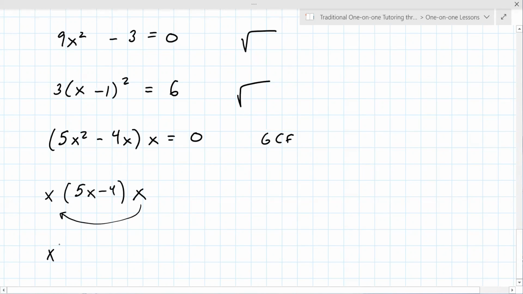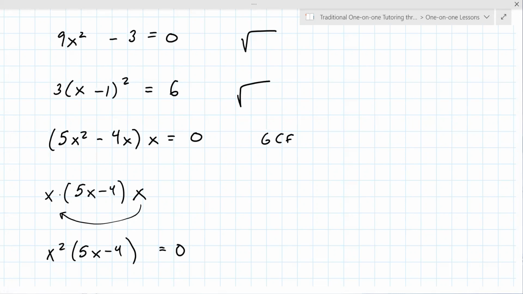So when it's like that, you'd make it x squared? Yeah, because this x on the right goes with the x you factored out on the left. Then would that actually be a square? Yes. And what's the difference if there's an x in front of the parentheses like that?